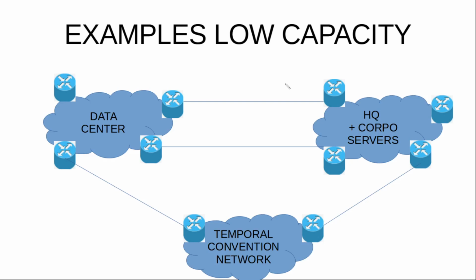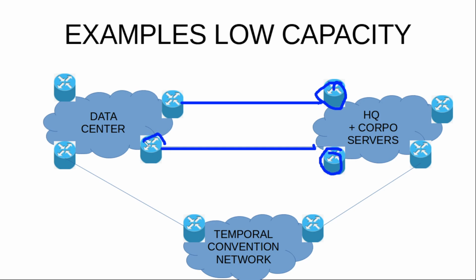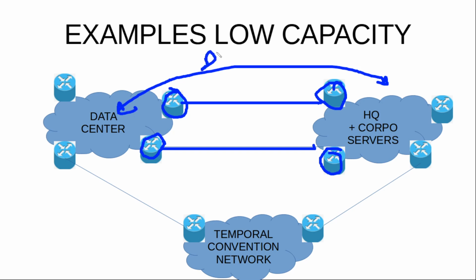For instance, let's say that you have this setup. You have a corporate network and a data center, and you have these high capacity links and high capacity devices here, and you are using them, for instance, to transfer database replication, application traffic, and so on.